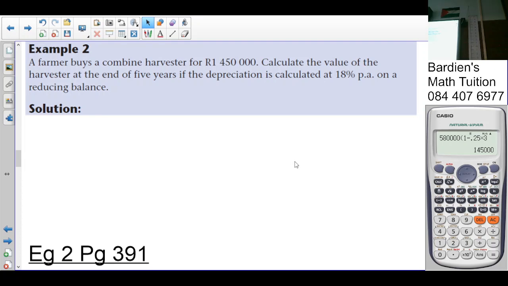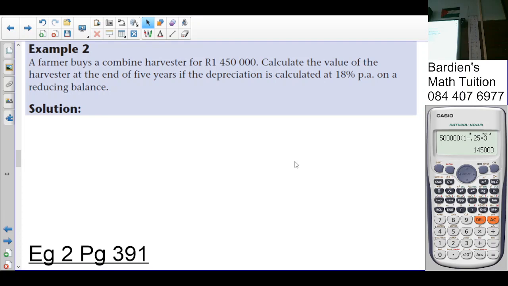Calculate the value of the harvester at the end of 5 years if the depreciation is calculated at 18% per annum on the reducing balance method. They can either say reducing balance, or they can say using the diminishing balance method. It means the same.